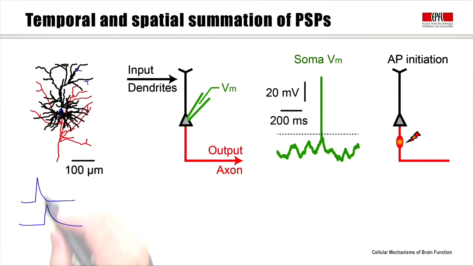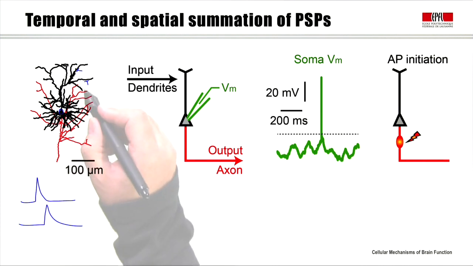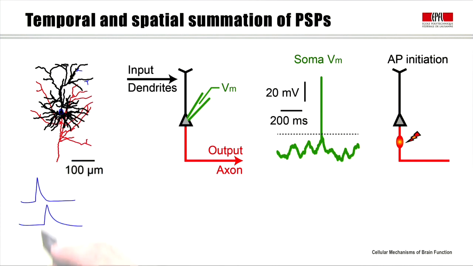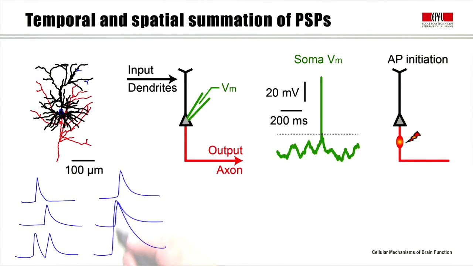And if there are synaptic inputs that come at slightly different times, then they may not give rise to summation. But if, on the other hand, these synapses occur at the same time, then of course you can get much larger depolarizations here.